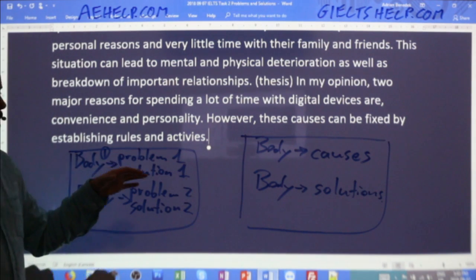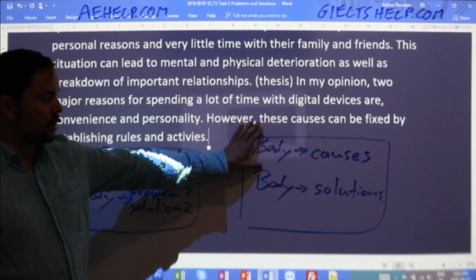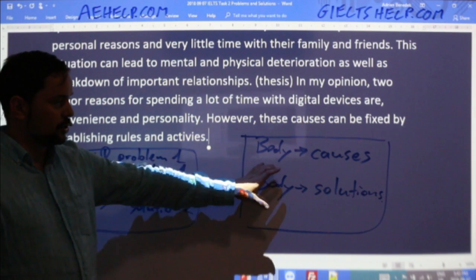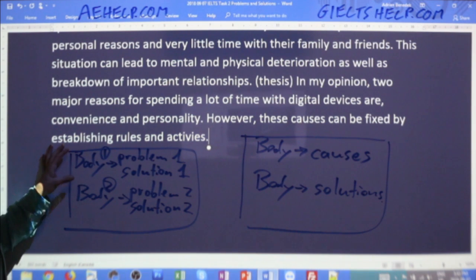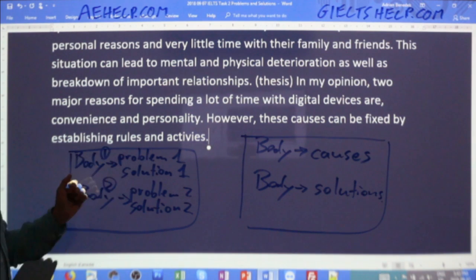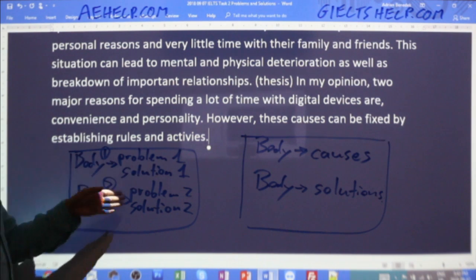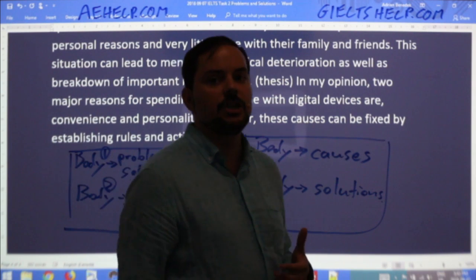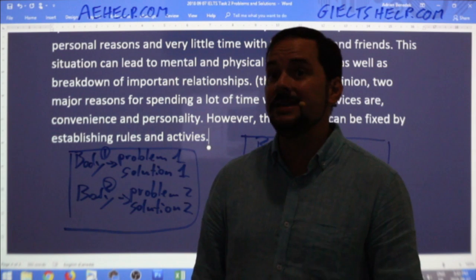Okay, so this is kind of the two different ways that you could write your essay for a problems and solutions question. One way, write your body paragraph 1 about the causes, a couple different causes, and then write your body paragraph 2 about your solutions. Another way that you could do it is you could write your body 1 about one problem and a solution to that problem. Body 2 about another problem and a solution to that problem. Now, I know that some of you who are watching, you've seen another lesson from me where we talk about the problem of obesity.